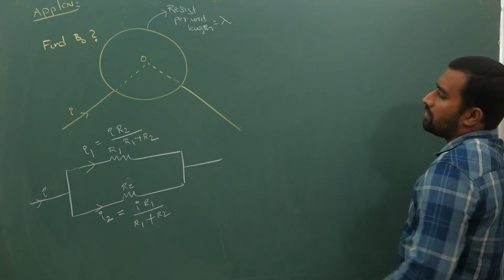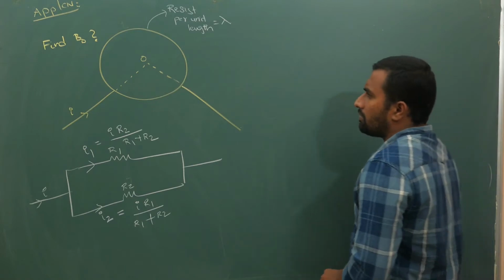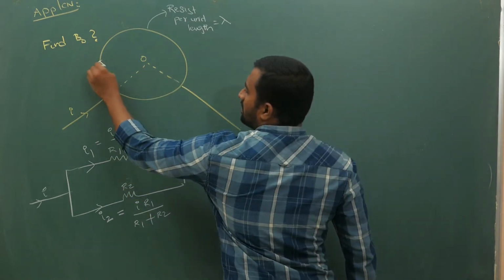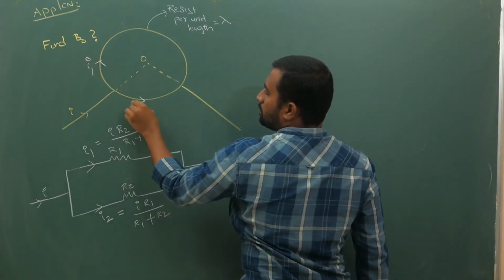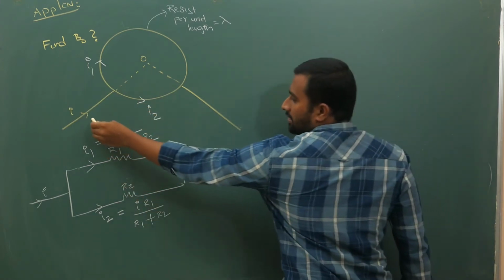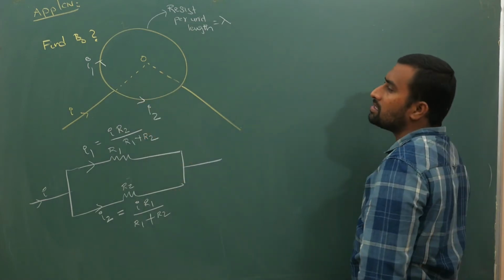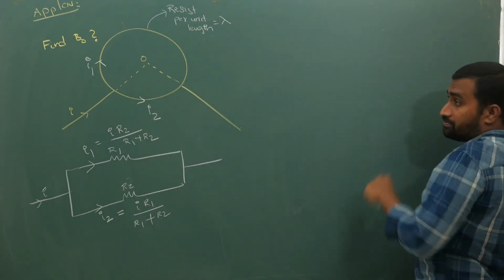Now if you are asked to calculate the magnetic field at O, within this part the current is I1, and within this part the current is I2. Here the current I is entering and splitting into two parts, I1 and I2.